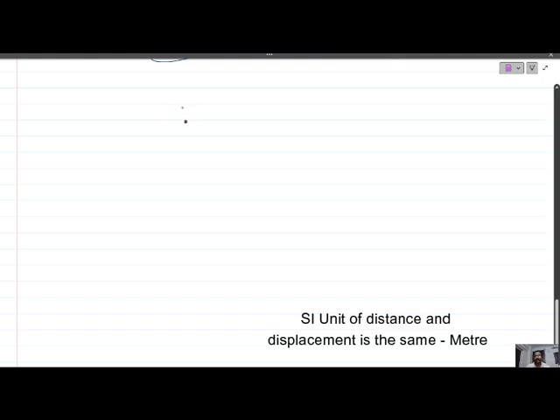Let us say a person starts from point A, goes to point B, and then moves on to point C. The distance between A and B is, let us say, 3 meters. And the distance between B and C, let us say, is 4 meters.